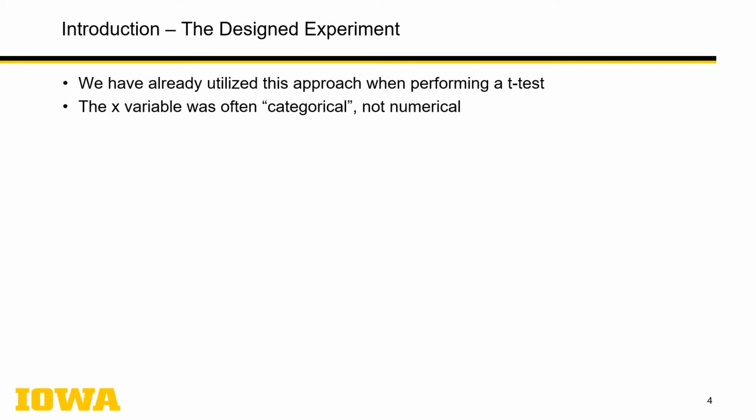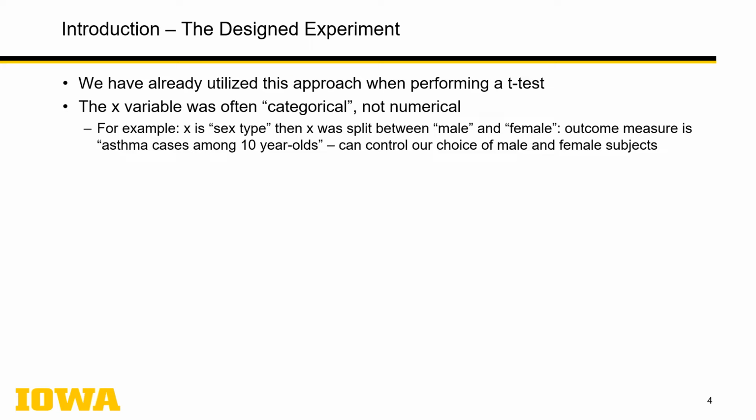And these x variables in a t-test are often what are referred to as categorical, not numerical. So for example, let's say our x value is sex type. That is, again, not a numerical thing. And obviously we can split that between male and female. So there's our two groups.